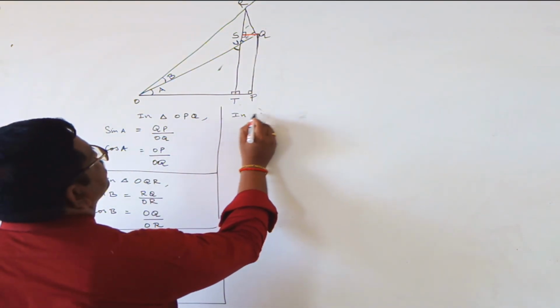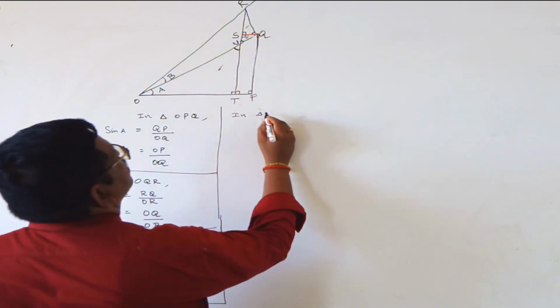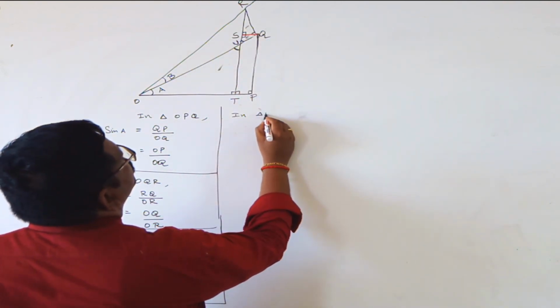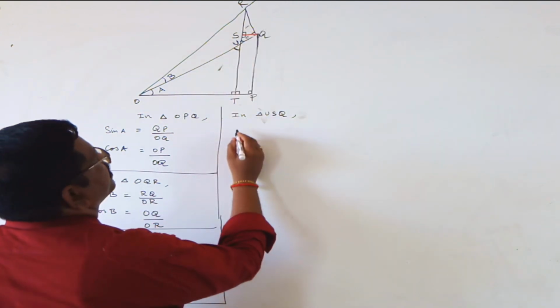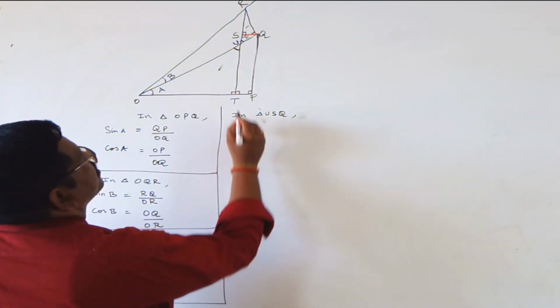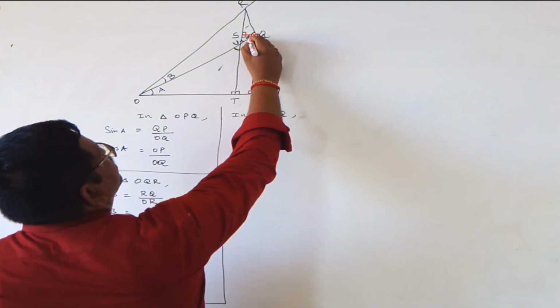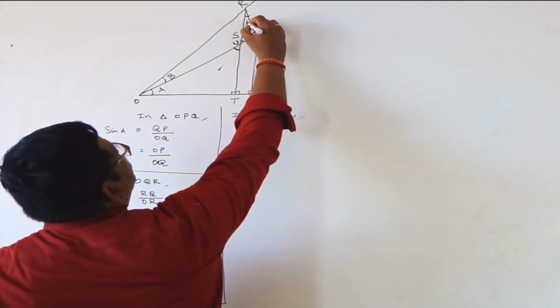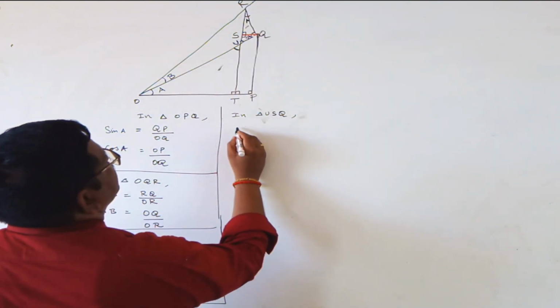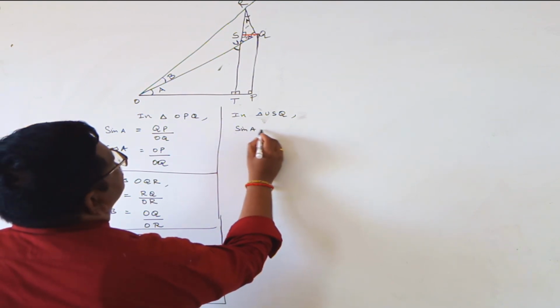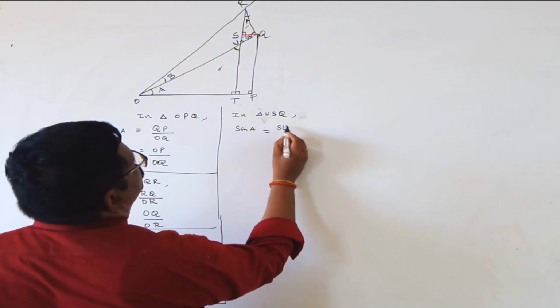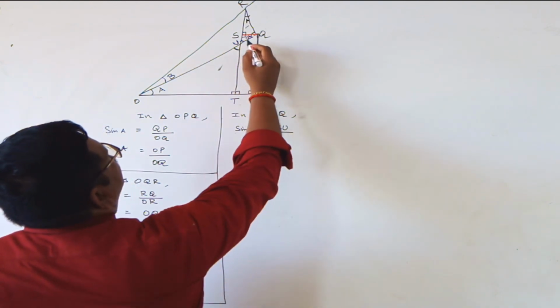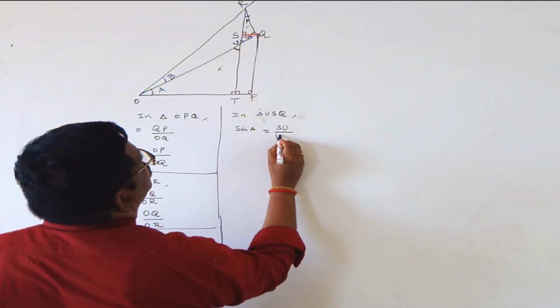In triangle USQ, what can we get? Here this angle is A. Here this angle is A. In this, what is sin A? Sin A is equal to the opposite side SU by the hypotenuse UQ.